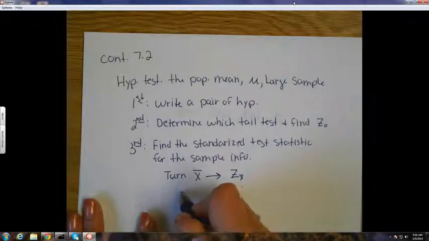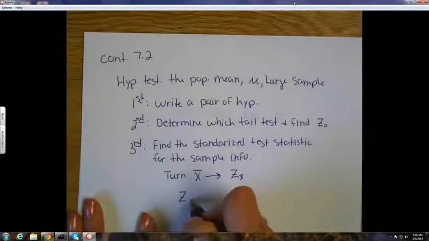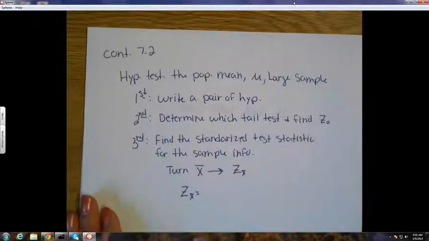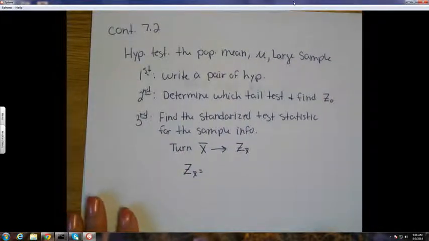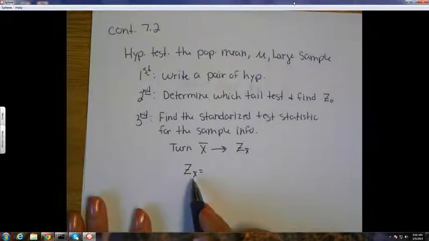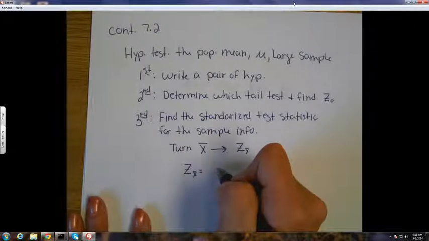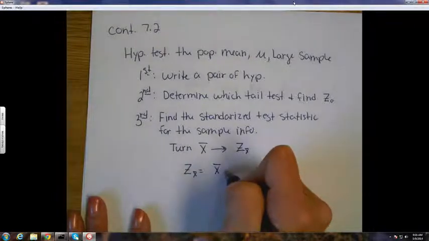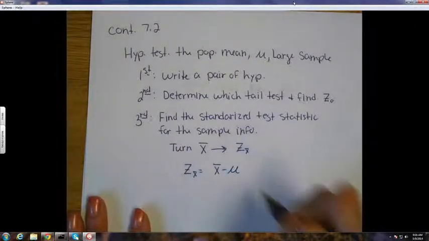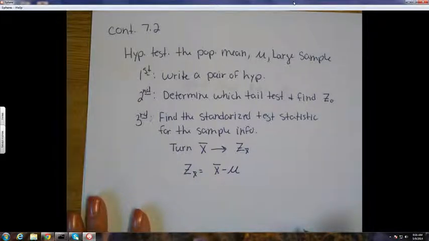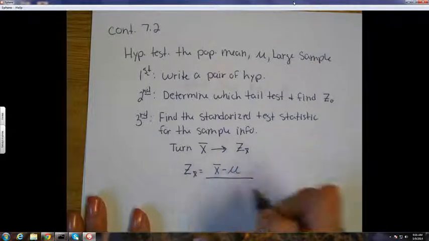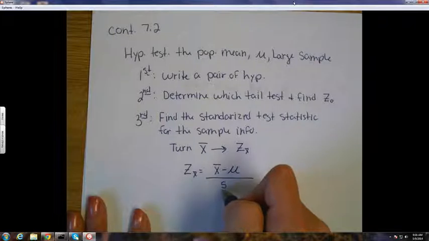The formula that we used in the last chapters. You take the sample mean, you subtract the population mean, that'll be in the claim, then you divide by the sample standard deviation over the square root of the sample size.